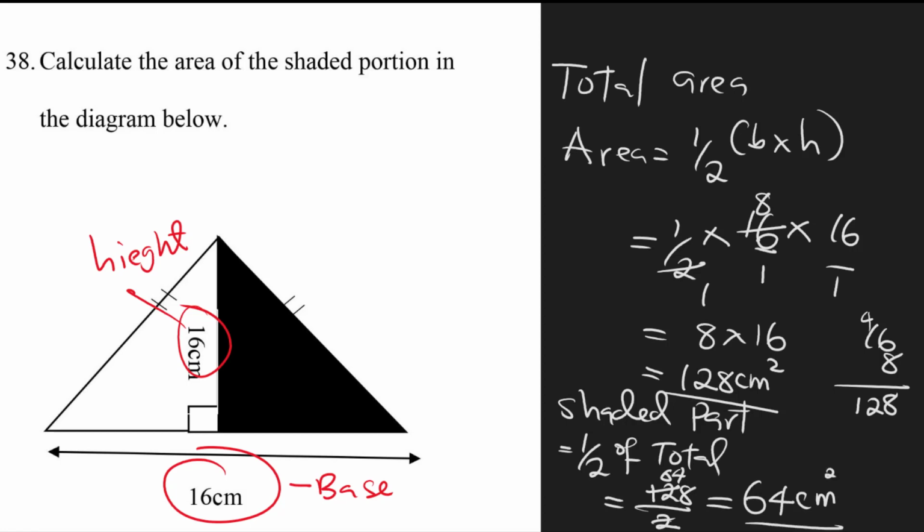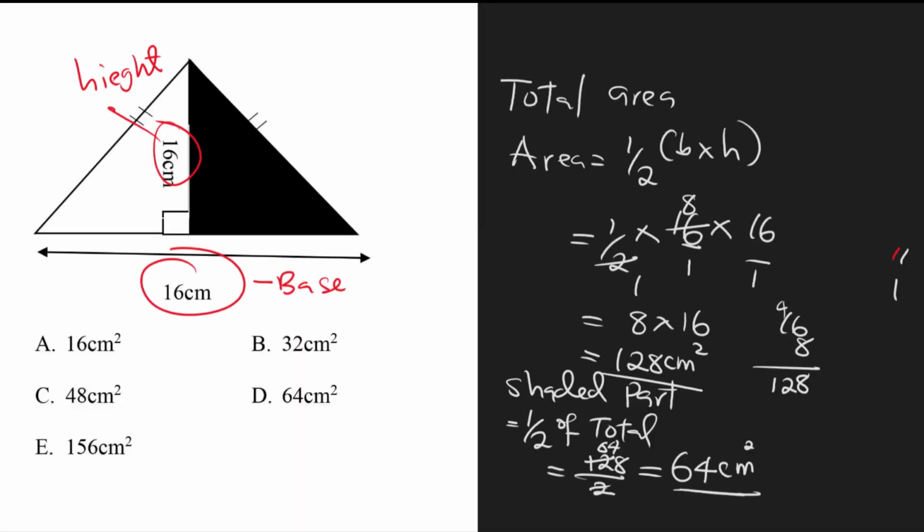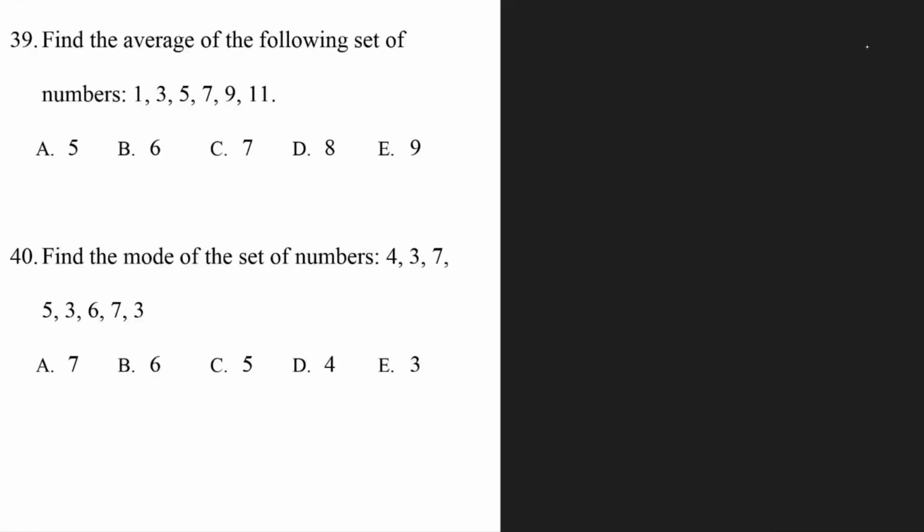Right? So this is the answer. So let's check our answer. So the answer is D. Can you see? 64 centimeters. So just divide it by 2. If you divide by 2, you get the half of the triangle, which is the shaded part. So let's move to the next question.